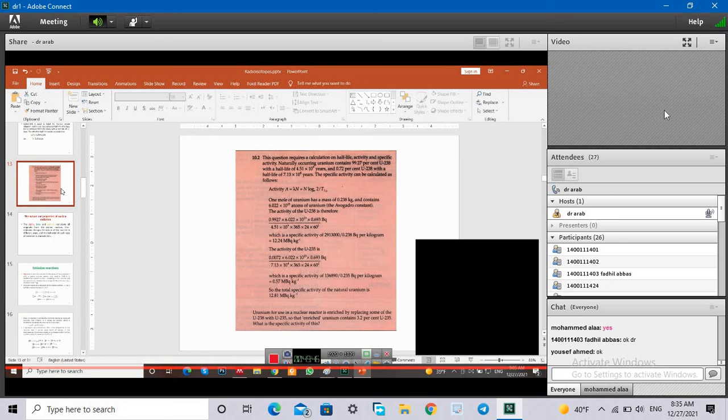Naturally, uranium contains 99% uranium 238 with a half-life of 4.5 multiplied by 10 to the 9 years, and nearly only 0.7 percent is uranium 235 with a half-life of 7 multiplied by 10 to the 8 years.